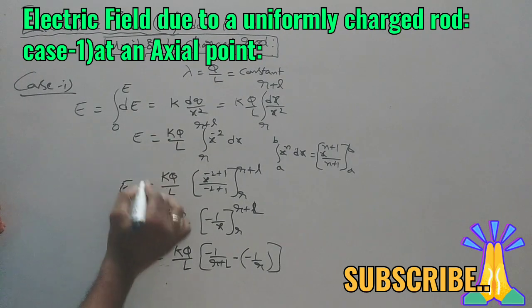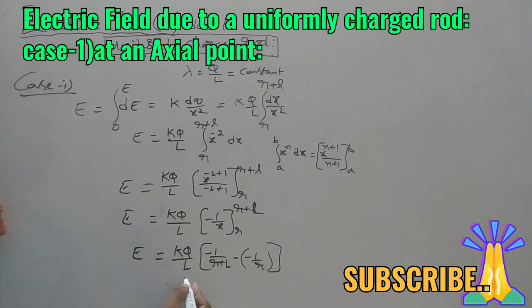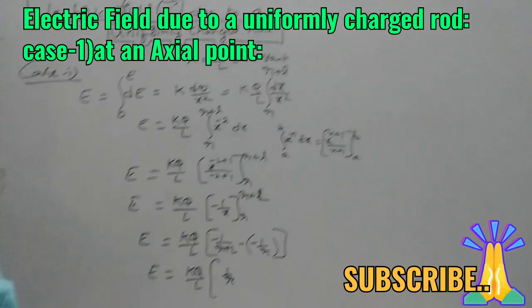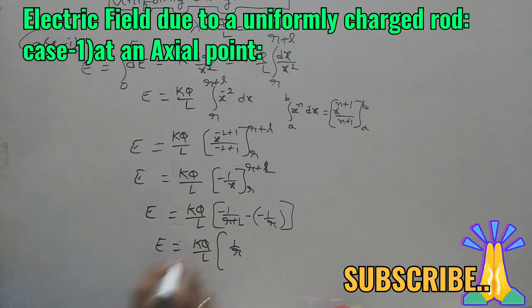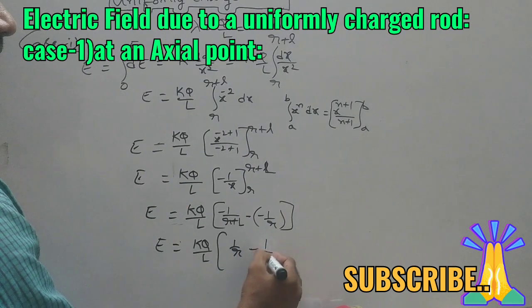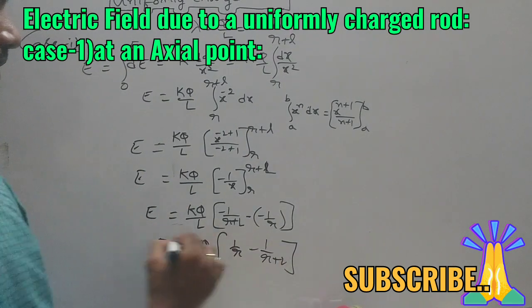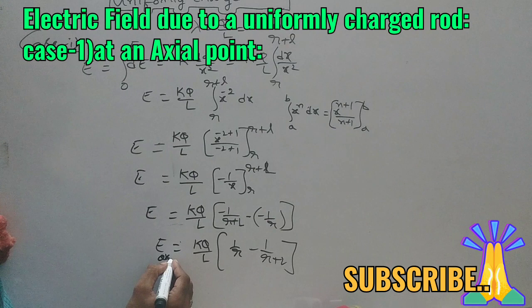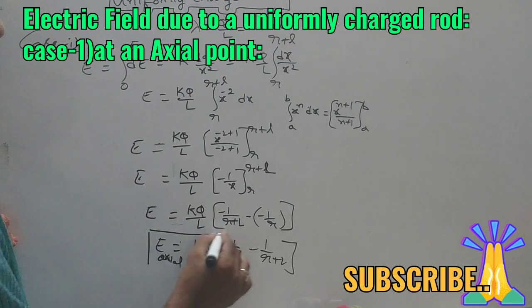So total electric field is kq by L into, minus of minus is 1 by R, minus 1 by R plus L.